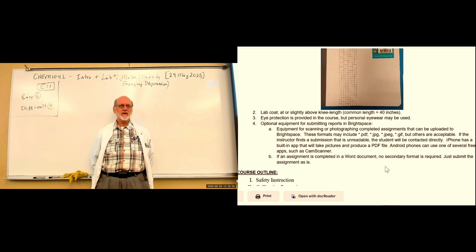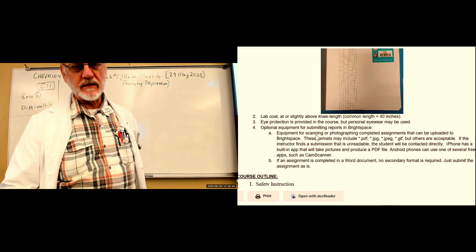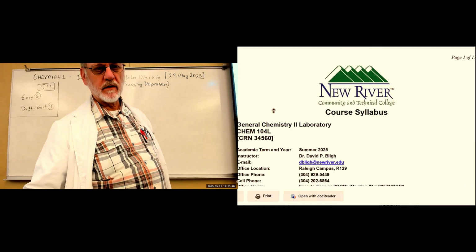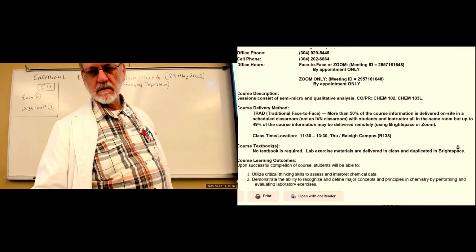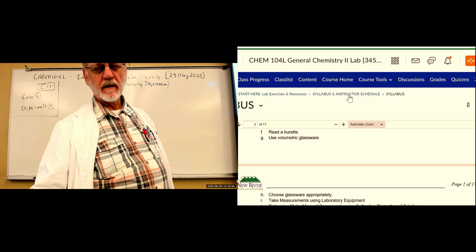So how do you do that? You don't come knocking on my door at 149 Cayman Drive. If you have it in your computer as a document, you just go into the lab exercise. Here we go.